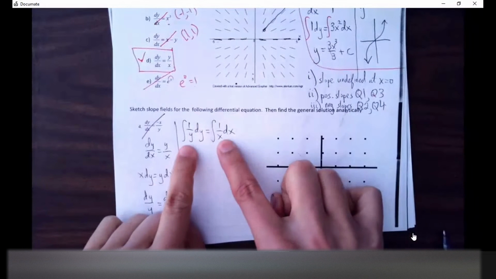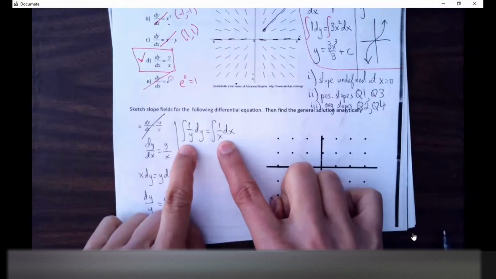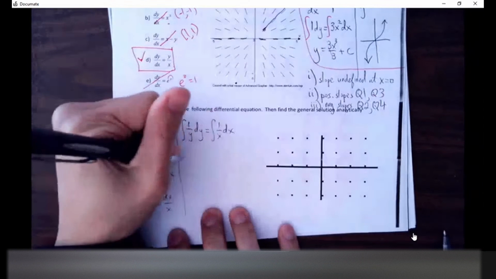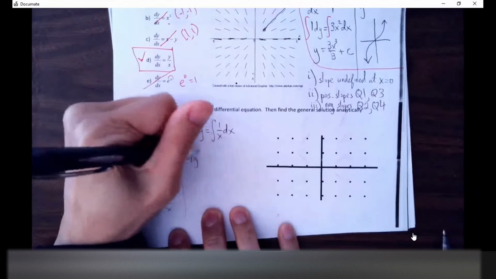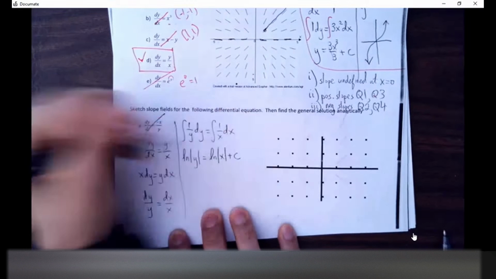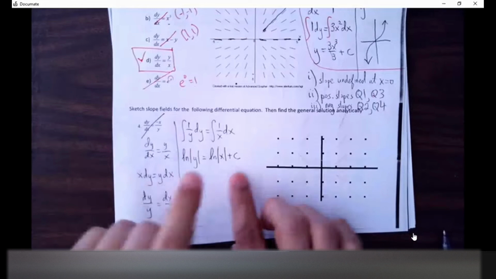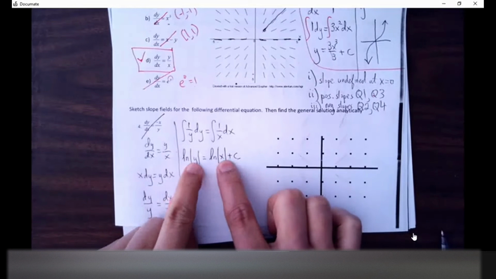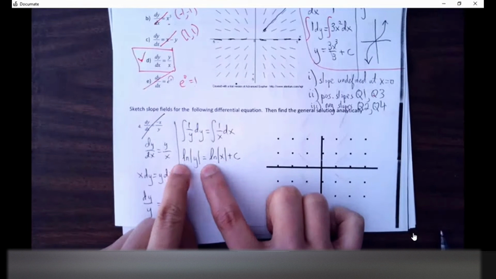And we can tell, right, these are rules that we recognize, 1 over u du, just natural log. I want to solve for y, so I want to get rid of the natural log. I can raise both sides, base e.